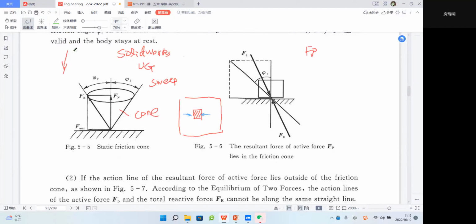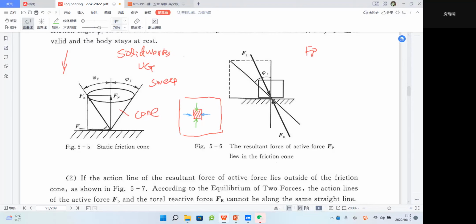If we have another active force acting on this box, trying to let this box move along this direction, then we also have another friction force to prevent this tendency from happening.